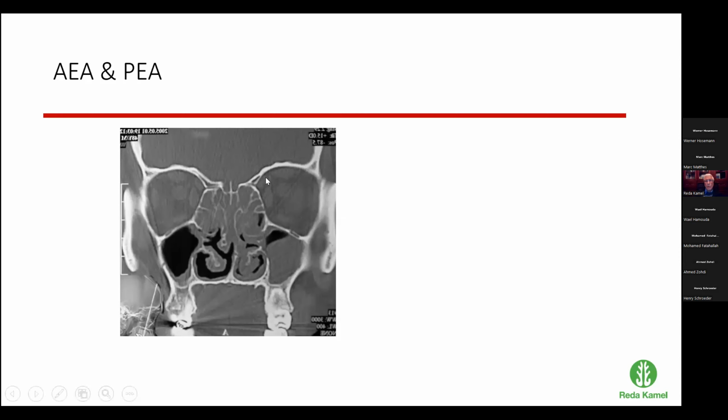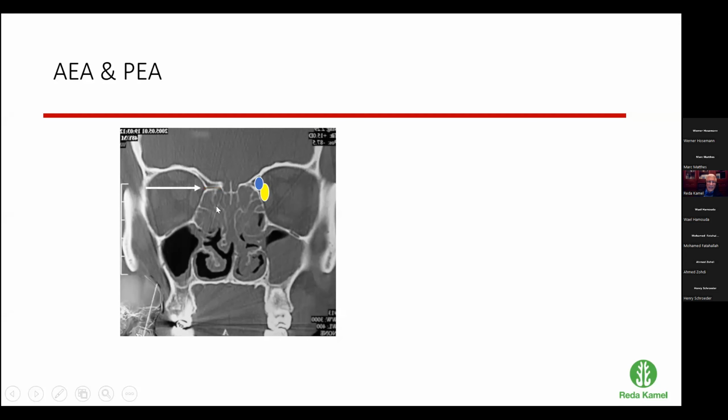One should be aware in the coronal cut where the anterior ethmoid artery is: the medial rectus, superior oblique, and the dimple up there, or the tip of the pyramid. This is the direction, and here we have the anterior ethmoid artery.